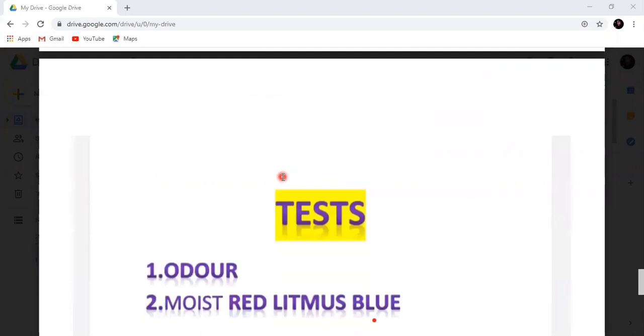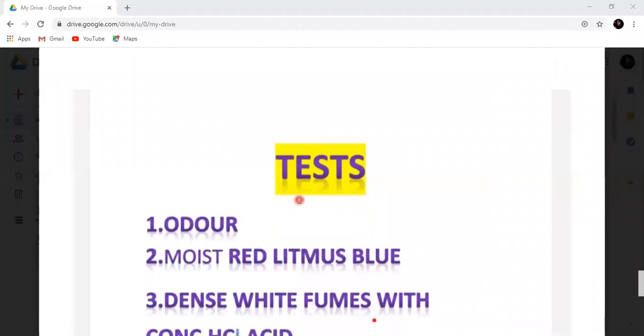Students, after completion of the chemical reactions or properties, we are proceeding to the test of ammonia. The test of ammonia gas and ammonium ion, both we are studying here. Ammonia gas has a sharp characteristic odor, a pungent choking smell we can identify very easily.